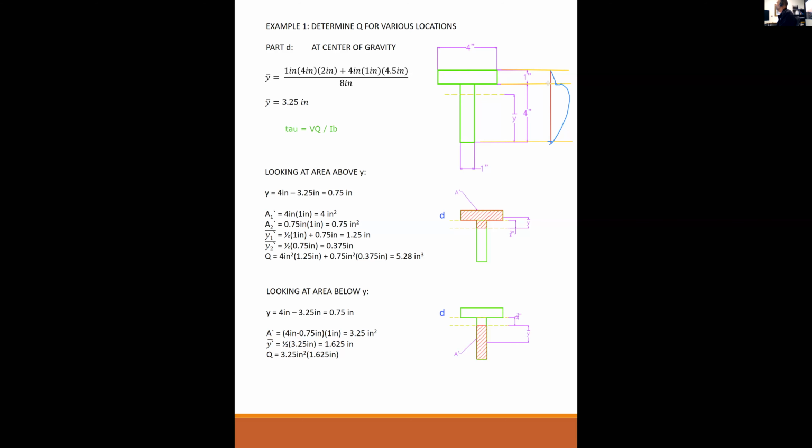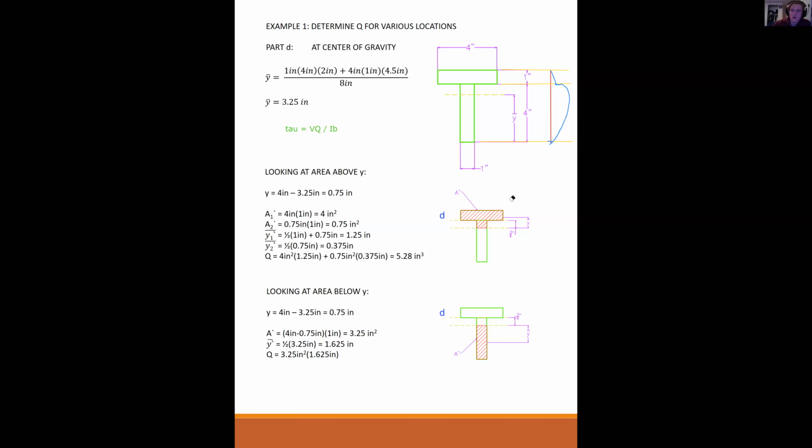So this jumps right there. I ran out of space, but this jumps by 4 times as high. So you're going to get a step in this diagram anytime B changes, but otherwise this is parabolic. And that's what your horizontal shearing stress plot is going to look like. Okay, any questions on that?